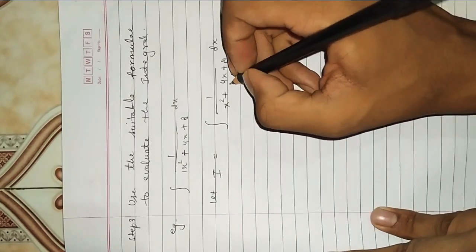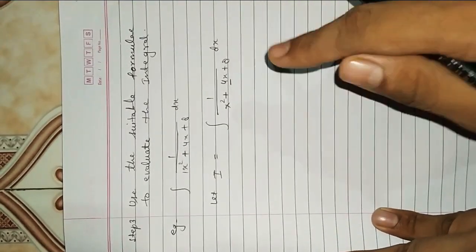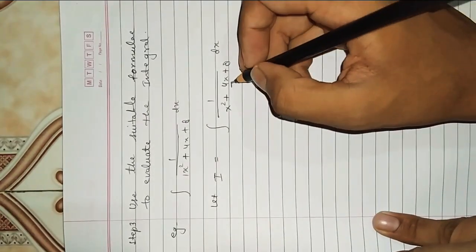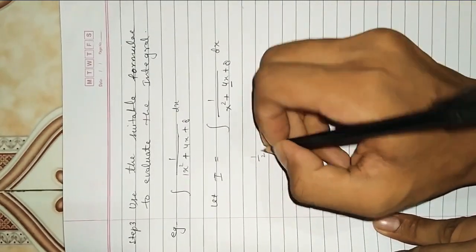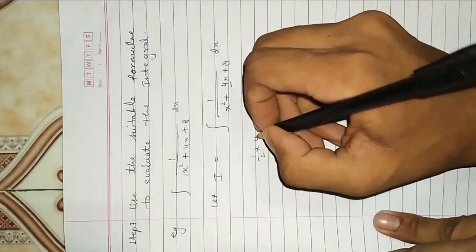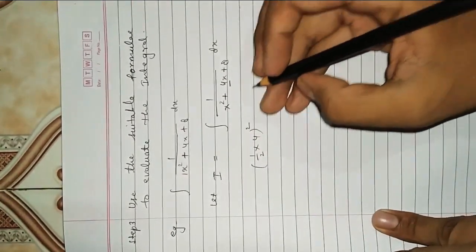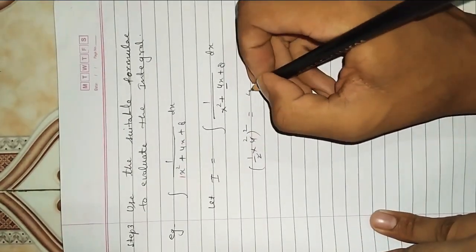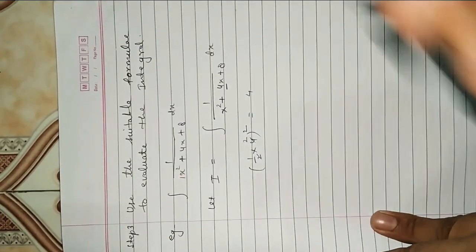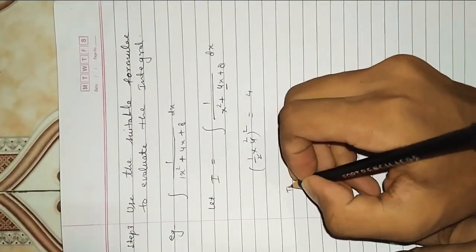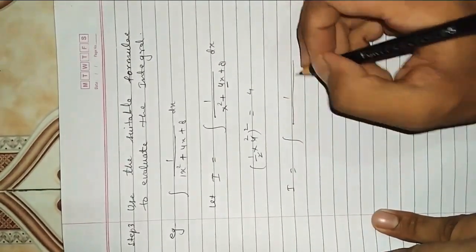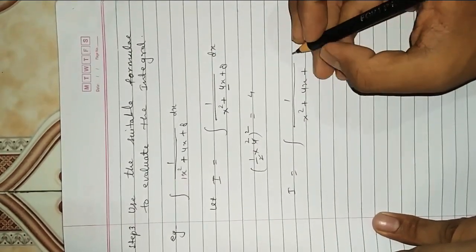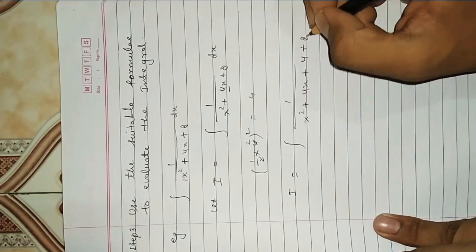What is the coefficient of x? 4. If you have to find the perfect square, you have to write 1 by 2 into the coefficient, 4. So you will get 2, then you will get 4. Both sides you have to add and subtract. So you will get integral x square plus 4x plus 4 plus 8 minus 4.